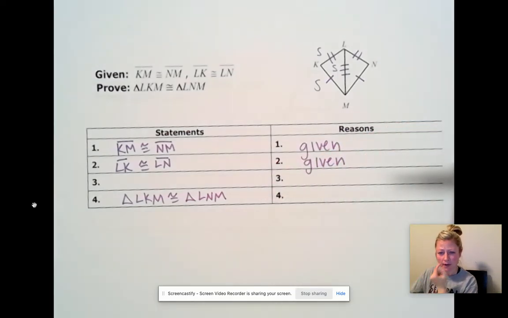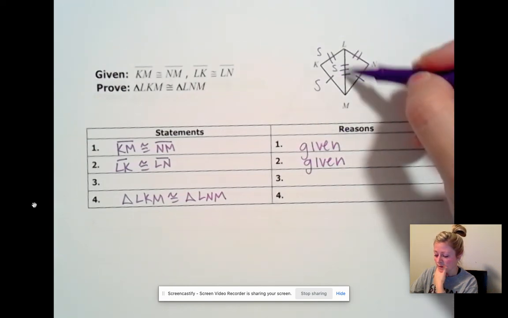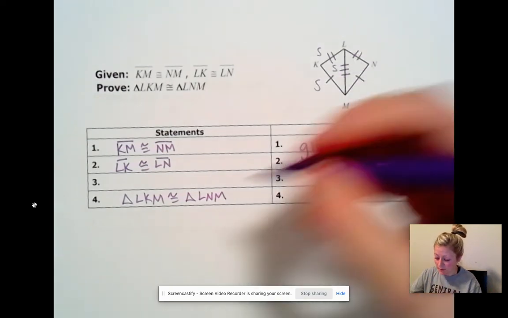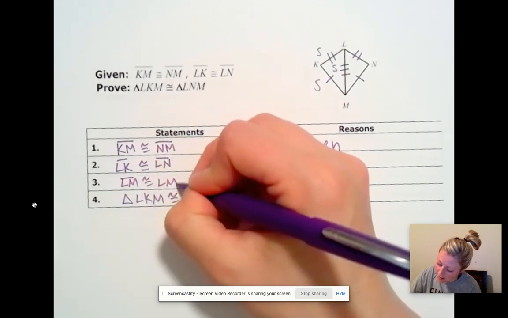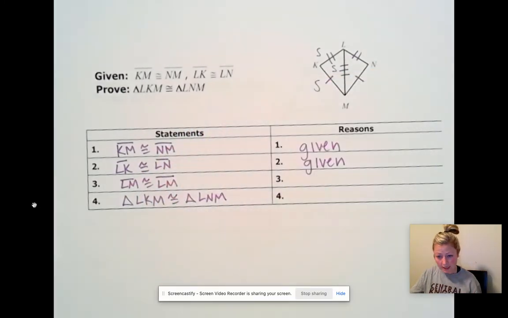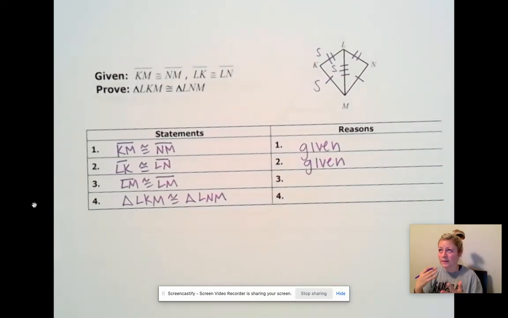Well, what did we write on our own? What did we mark without them giving it to us? Remember, we wrote that LM is equal to itself. So LM is congruent to LM. Now, why was I allowed to write that? You were allowed to write that because that's the reflexive property. Think of it like your reflection.